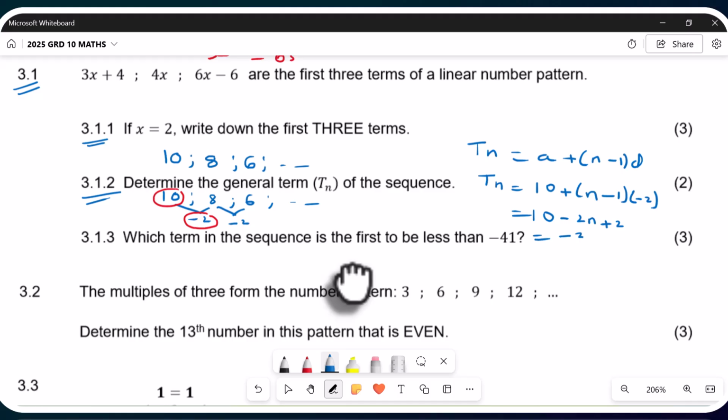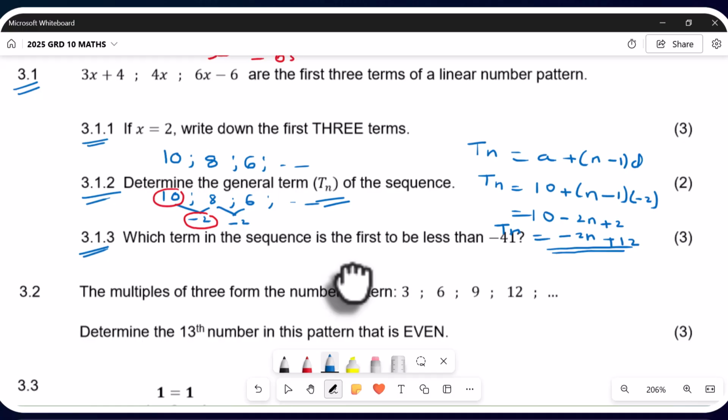So what we are going to do here, because we have this one as even, let's get more terms and we see. The multiples of 3: 3 plus 3 is 6, plus 3 is 9, plus 3 is 15, isn't it? Then plus 3 gets 18.